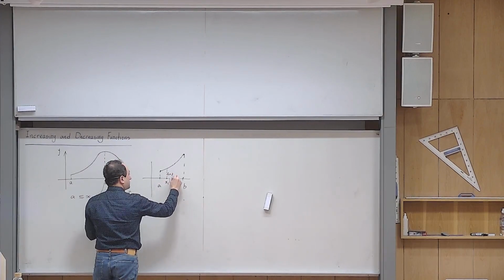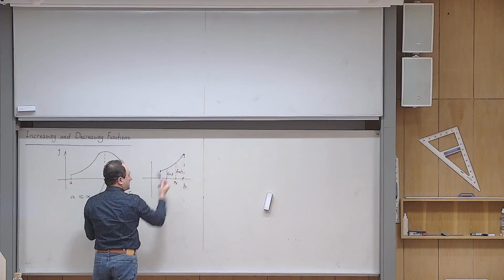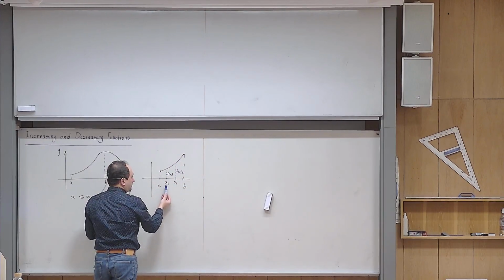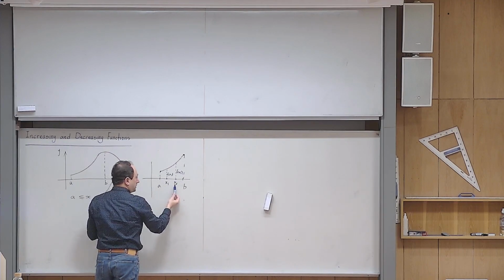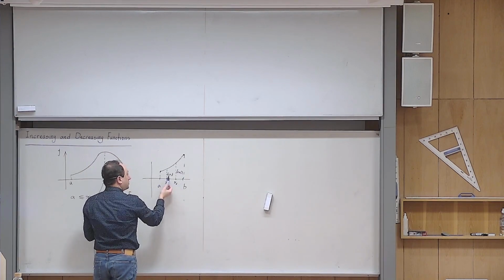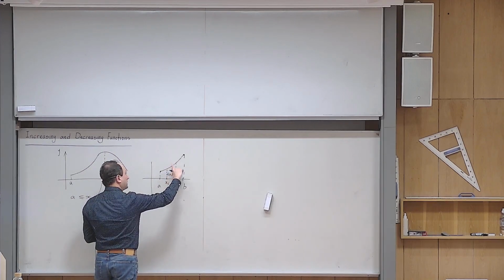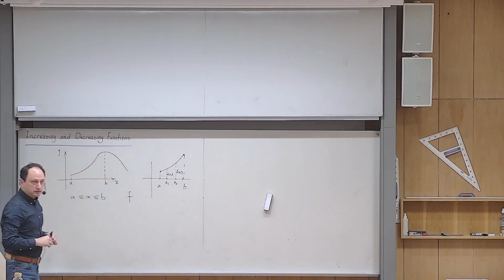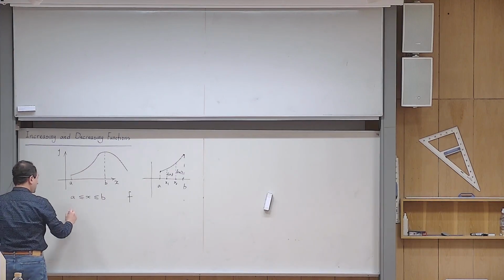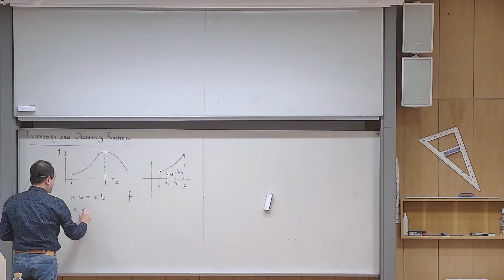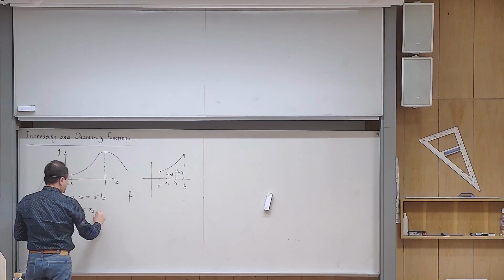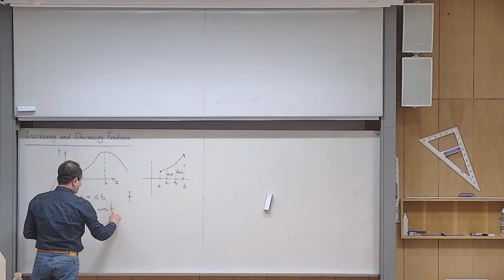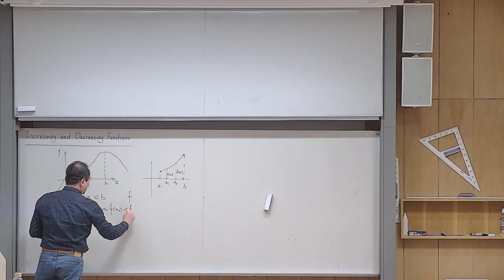If the function is increasing, it means that if a number x1 in that interval is smaller than another number on that interval, the corresponding value of the function at that point is also smaller than the corresponding value at the other one. So if x1 is less than x2, then f of x1 is also less than f of x2.